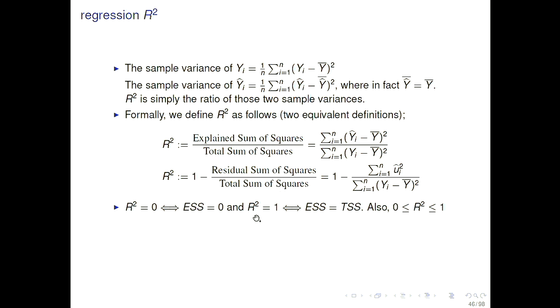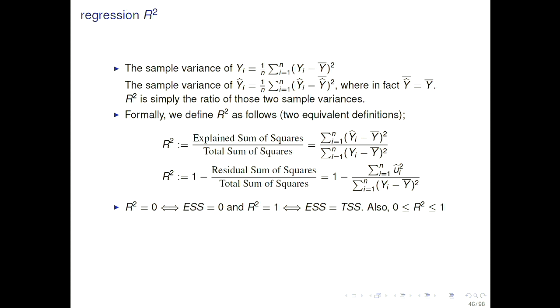If R squared is 1, then these two sample variations are exactly the same, which means this straight line explains all your data points, which means data are generated from a deterministic relationship, which is not common, right? So in most cases, actually, essentially all the cases, your R squared is going to be between 0 and 1.